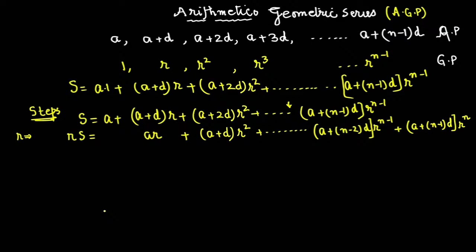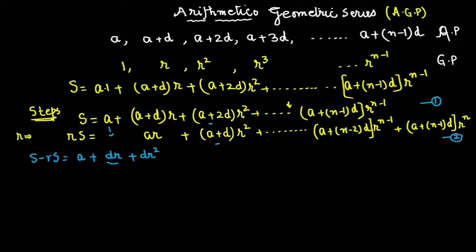Now consider this as the first equation and this as the second equation, and subtract. It becomes S minus r into S. See here, below nothing is there for A, so A stays. Here, Ar plus Dr subtracted by Ar becomes Dr. Again, these terms when subtracted become Dr square.